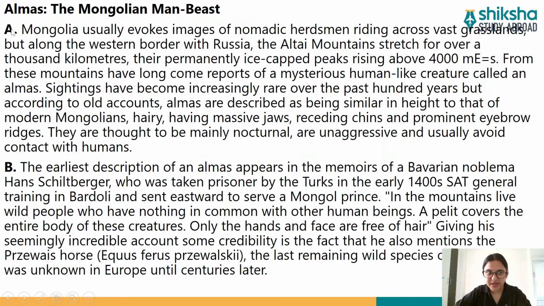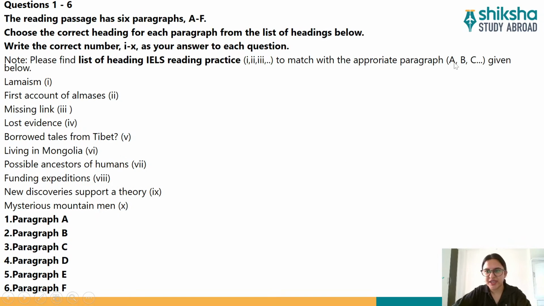They will be lettered A, B, C, D, E, F, and you have to match those with these Roman numbers. The Roman numbers are the options from where you have to select the answer. For example, the first is Lamaism. Then the second is first account of Almas. Then the third is missing link. Fourth is lost evidence, and so on till the Roman number 10.